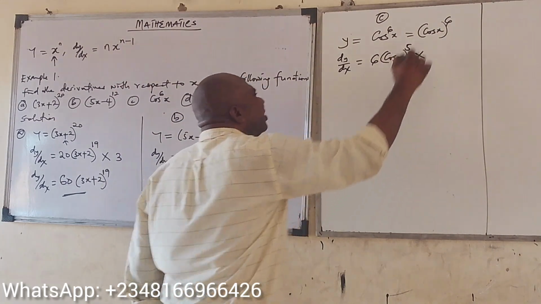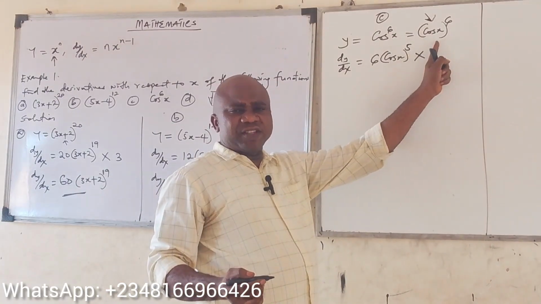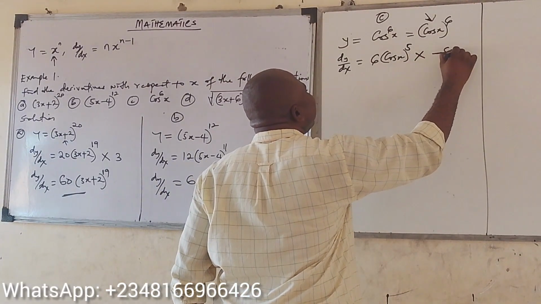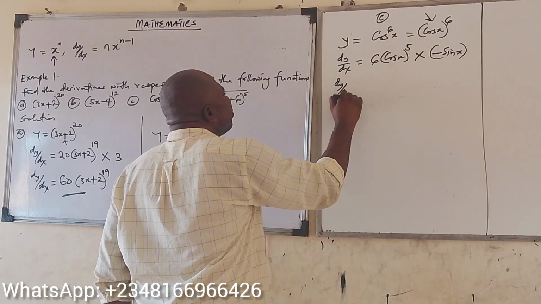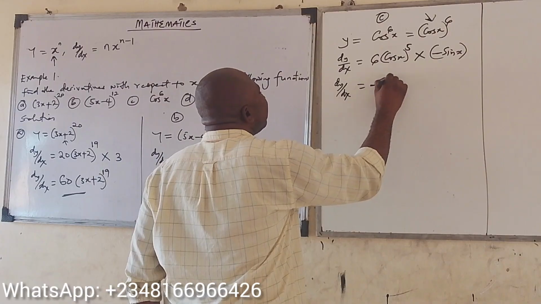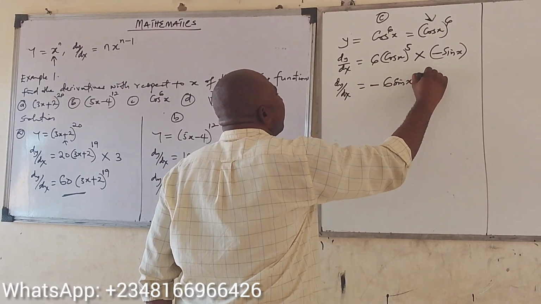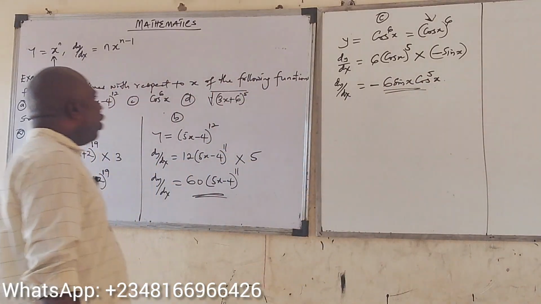Then you multiply by the derivative of the function that took the position of x. If you differentiate cos x, it gives minus sine x. So dy/dx will be equal to minus 6 sine x, then we have cos power 5x. That's dy/dx.